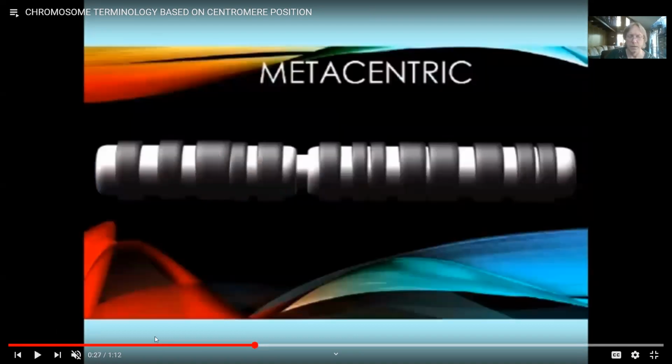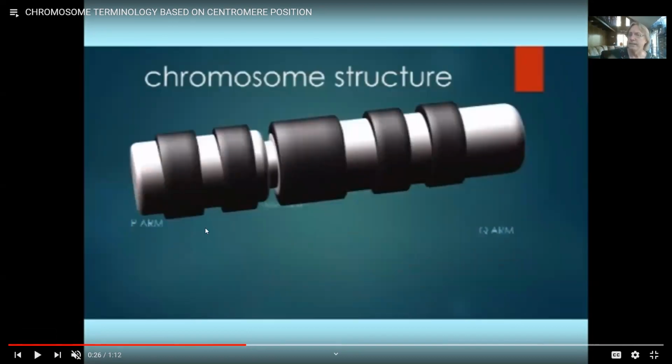The centromere might not equally divide the chromosome in half. And if one arm is shorter than the other, the long arm is what's called the P arm, the short arm is called the Q arm.